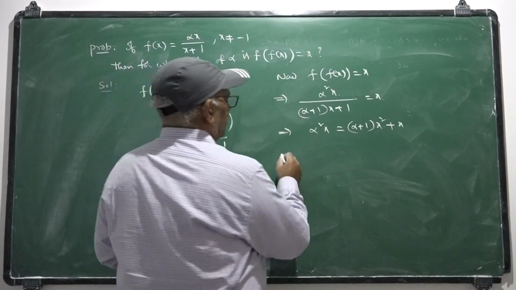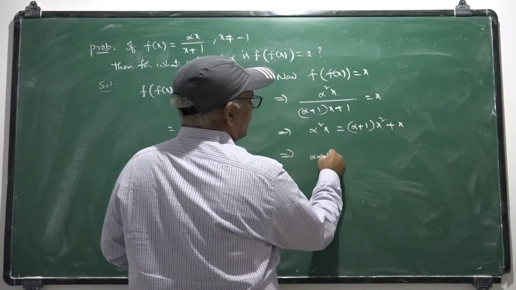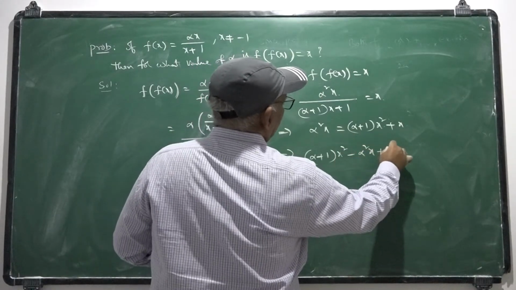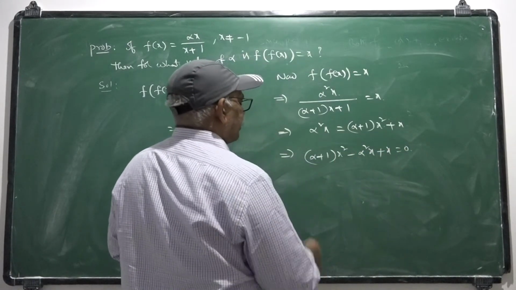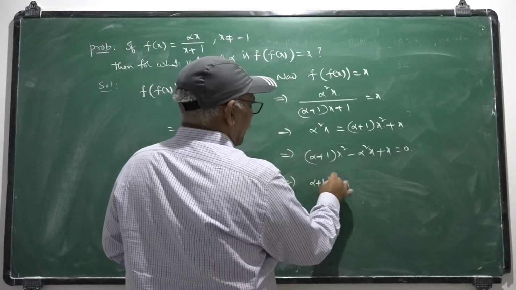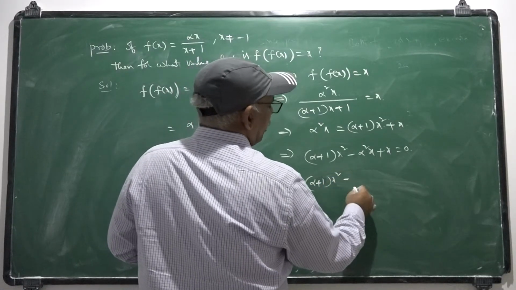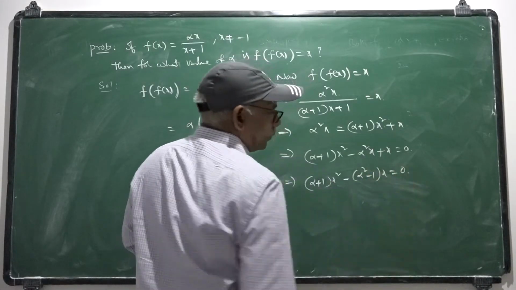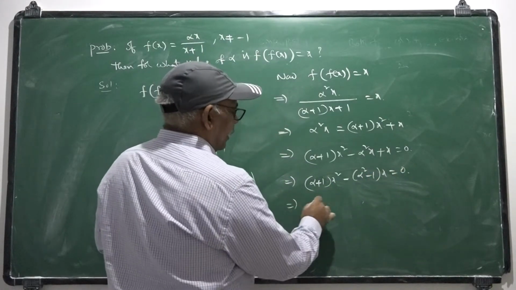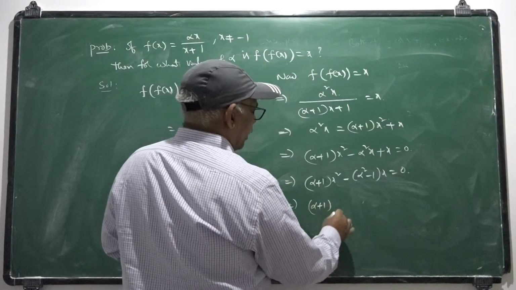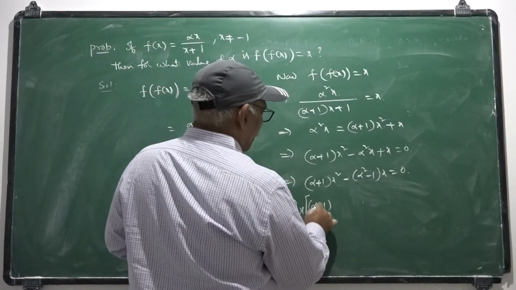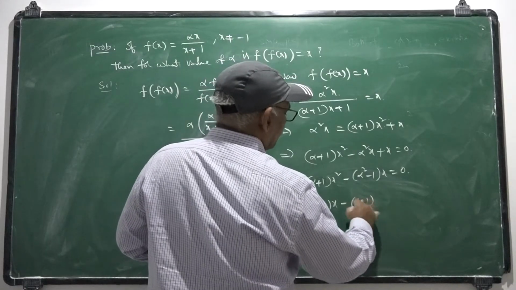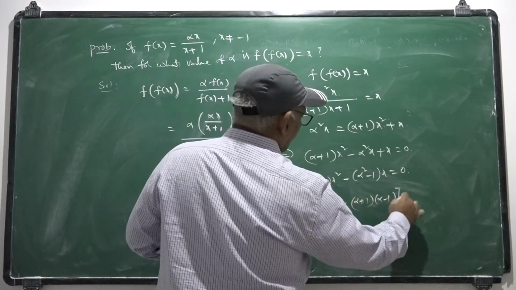So that is alpha plus 1 x square minus alpha square x plus x is 0, which is alpha plus 1 x square minus of alpha square minus 1 x is 0. That gives us x into alpha plus 1 x minus alpha plus 1 into alpha minus 1 is 0.